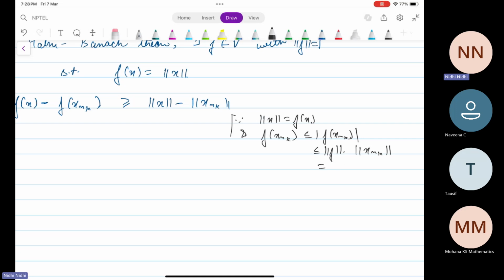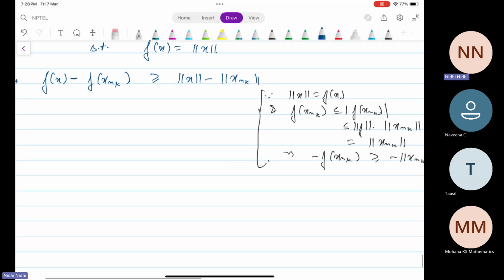So this is equal to norm xnk, which gives us minus f(xnk) is greater than or equal to minus norm xnk, which is greater than or equal to norm x minus y, because norm xnk converges to y.